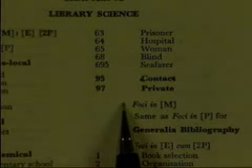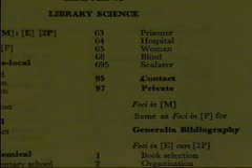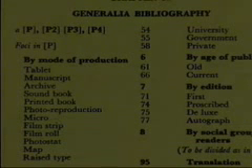Before we proceed, let me show you that in the main class library science, under the matter facet M, it reads: seen as foci in P for Generalia bibliography, which means that isolates for the matter facet are to be taken from the personality facet of the main class Generalia bibliography. Let us take isolate by isolate and then translate them into standard terms.